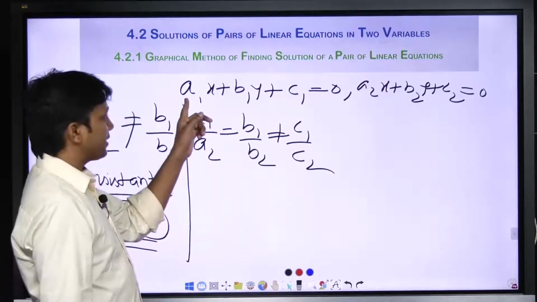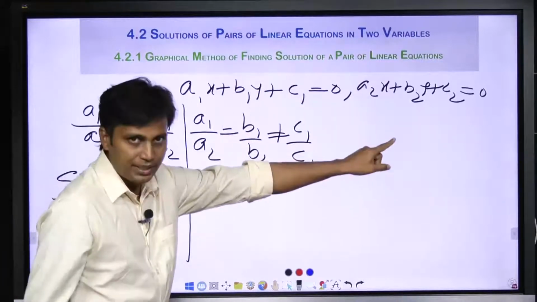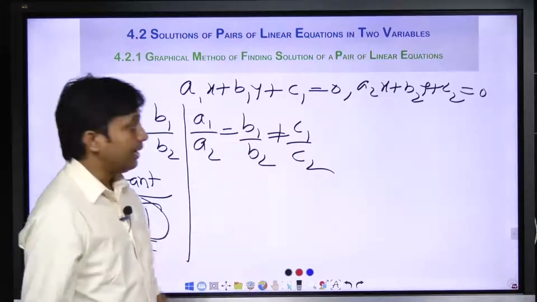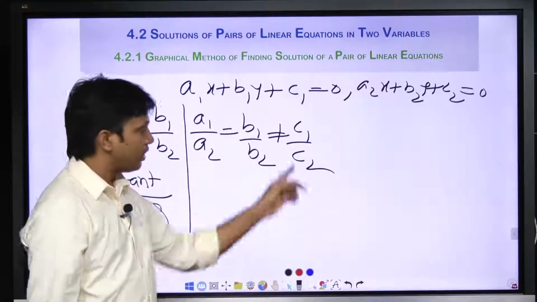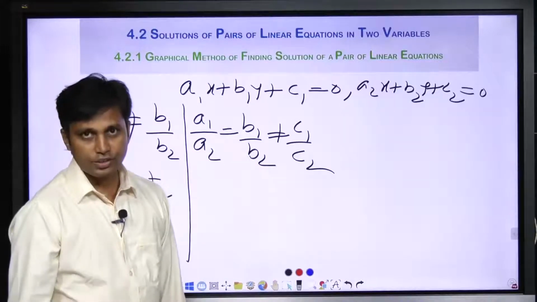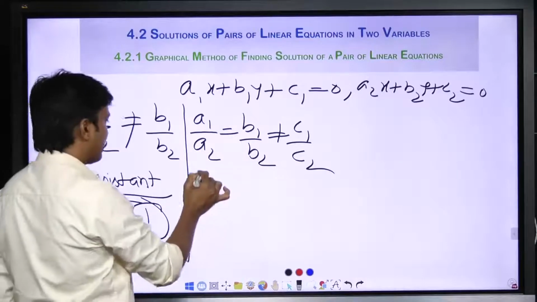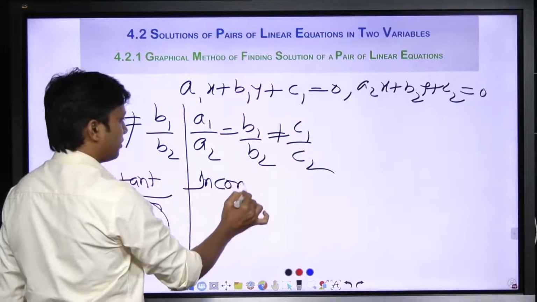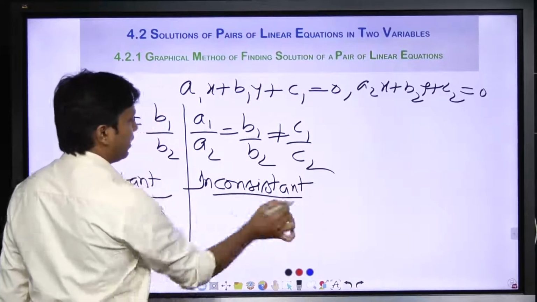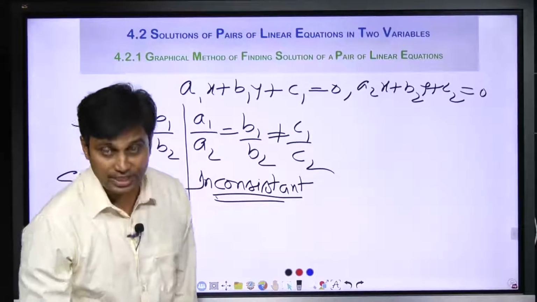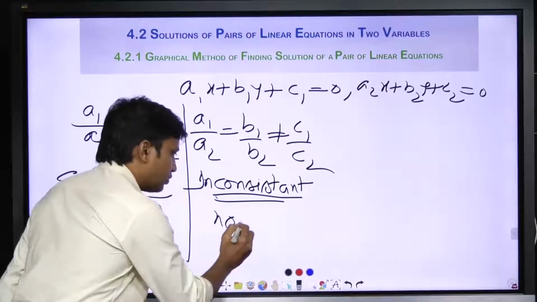Coefficients of x are a1 and a2, coefficients of y are b1 and b2, whose ratios are equal, and the ratio of the constants would be c1 upon c2, which is not equal to both of them. Understood? So this type of equations are called inconsistent. And tell me how many solutions are there? 0, means there is no solution at all.